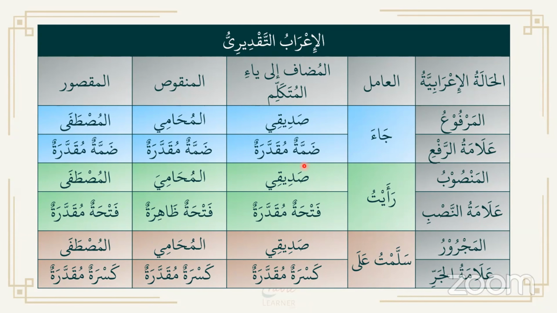But only in case of Manqus, which ends with Ya, when it is in Halat of Nasab, you will say Alamatul Nasbi is Fathatul Zahiratu. And we have taken such examples. These were the I'rab charts.